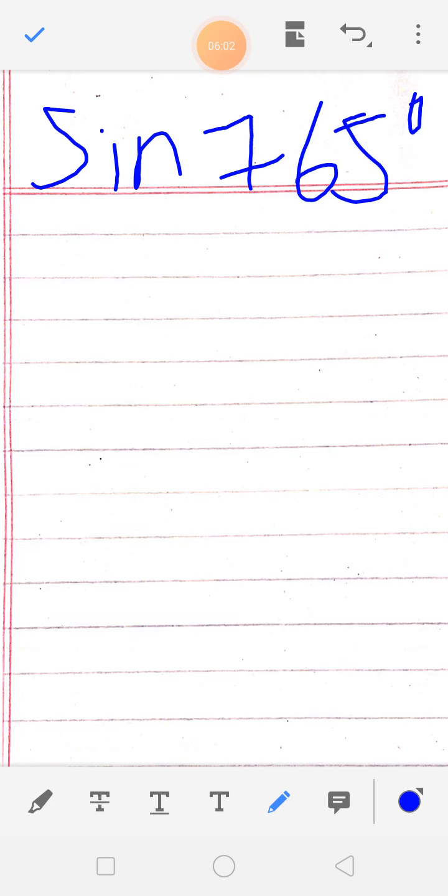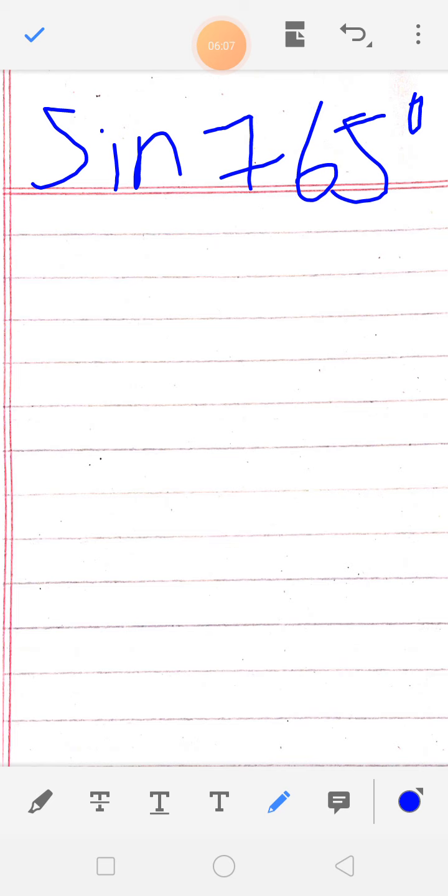Okay, so this is what we have to prove. So for example, if I have more than 360, which means what? Suppose it is given sine of 765 degree, okay, it's more than 360.